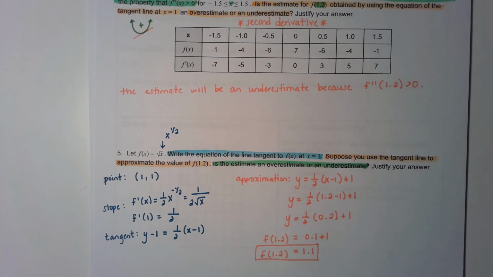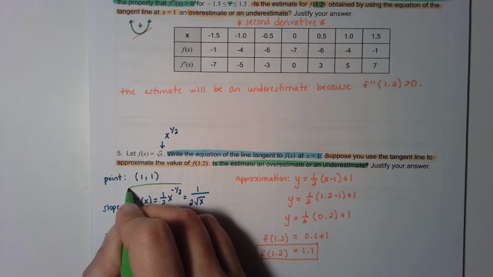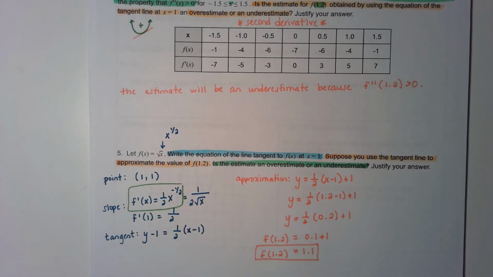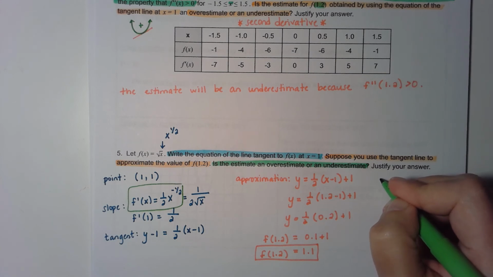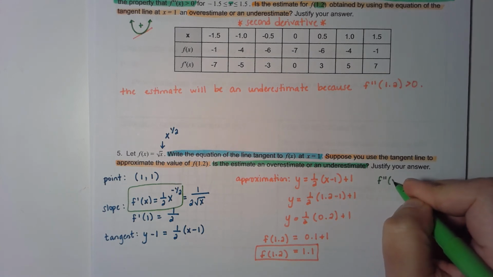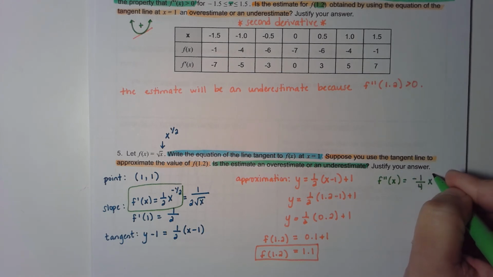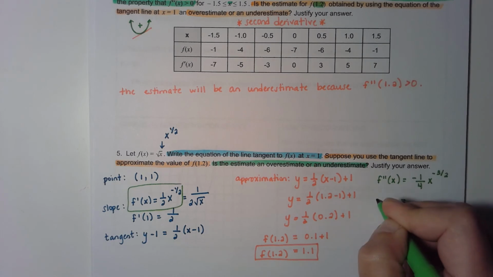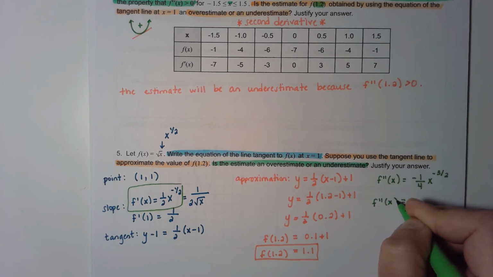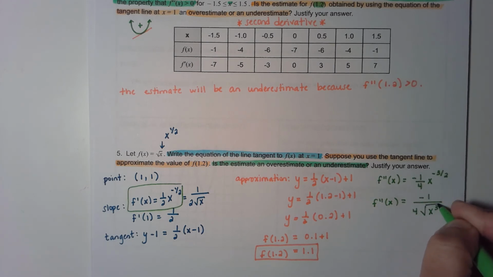So for this part, we're going to need the second derivative, which means I'm going to go back to the first derivative that I had over here, which I had already written as a fractional exponent. It's going to make my life a little bit easier. So the second derivative would be negative 1/4 x to the negative 3/2, which if I rewrite that in a slightly simpler way, I would get negative 1 over 4 and then the square root of x cubed.